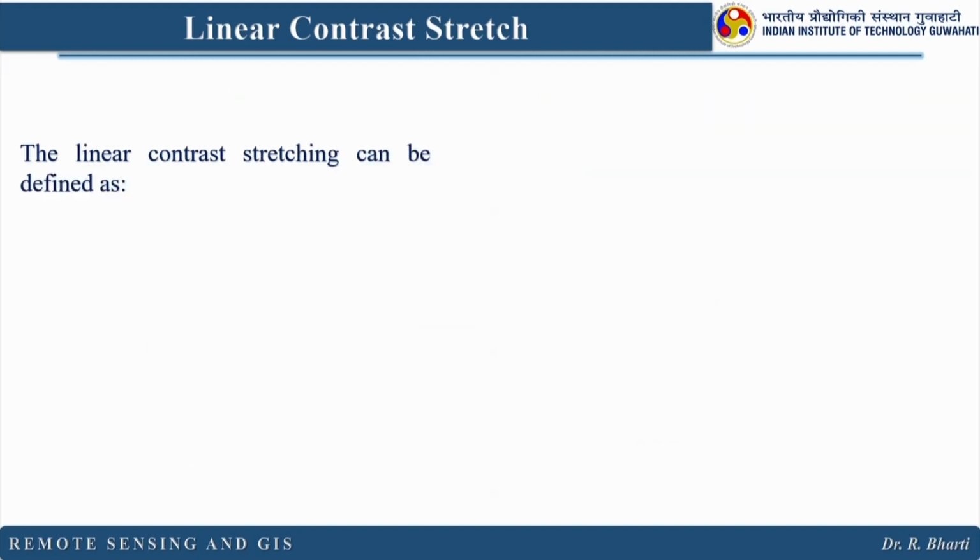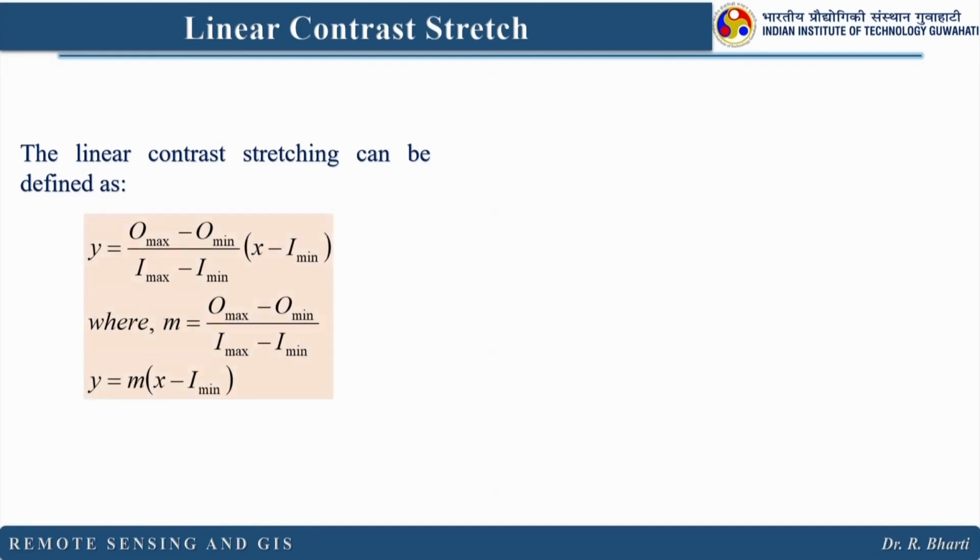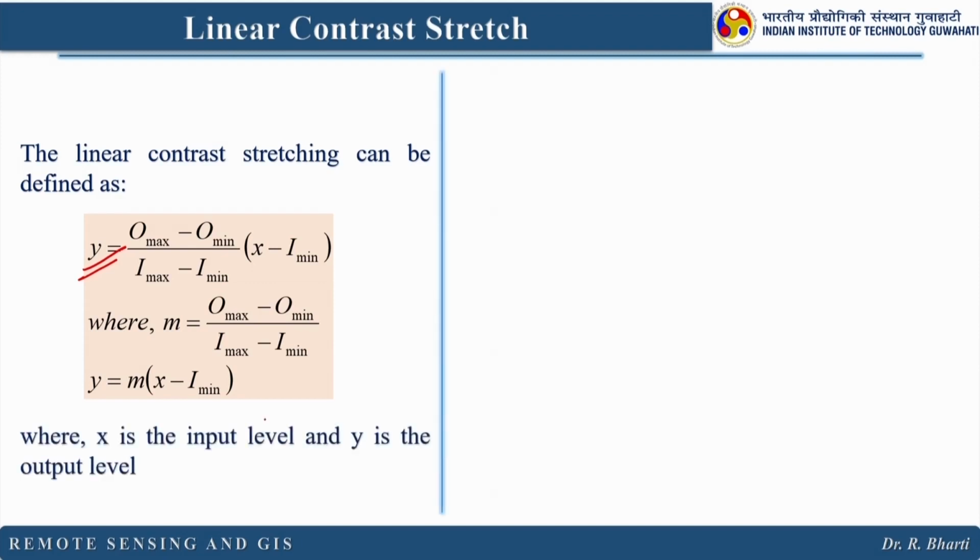So, the linear contrast stretching can be defined as this, where we are going to calculate Y using O max minus O min, which is the output image range you want, and I max minus I min, which is your input maximum and minimum DN value, right. If you apply this, you can easily calculate the Y value, and Y is the output value.